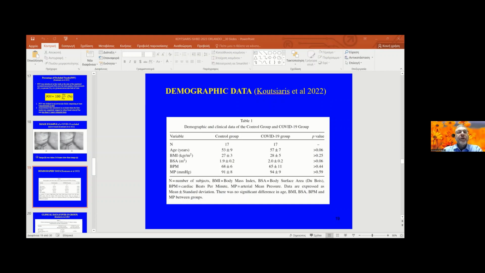So we proceed to the second part of our presentation, which is the latest research on microthrombosis in humans in vivo. So this part has to do with in vivo results, not from post-mortem dissections or something like that.